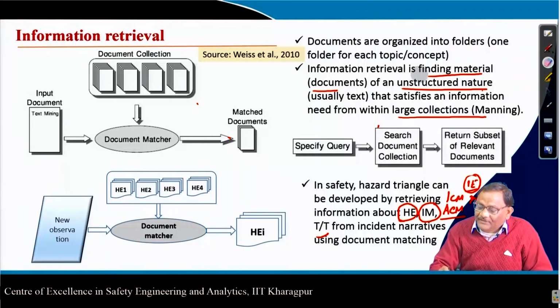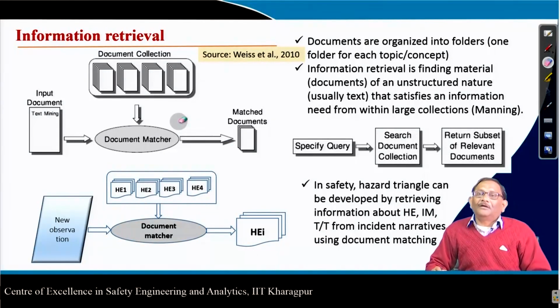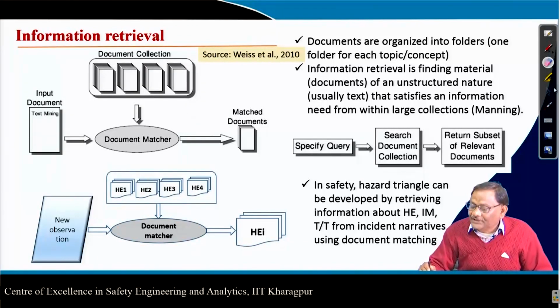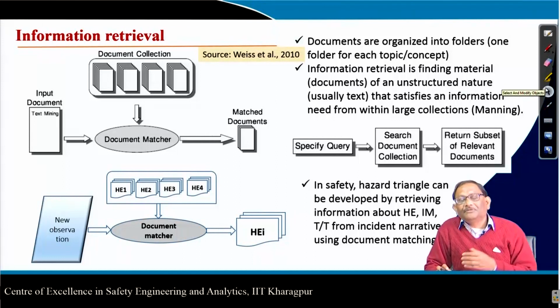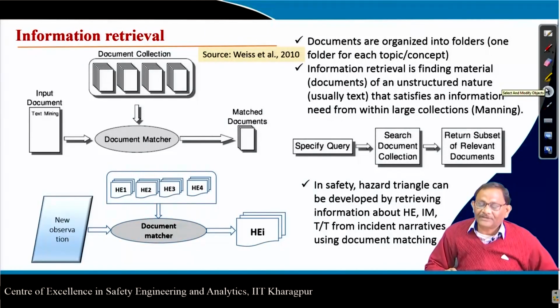That is a very necessary part, because we have seen that the hazard triangle concept is not effectively used in industry, but a large amount of data is available in text form and can be used. If a program for automatic hazard triangle development is built, that will be very good.